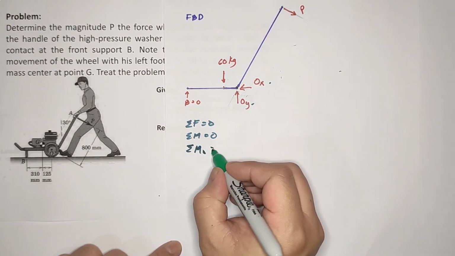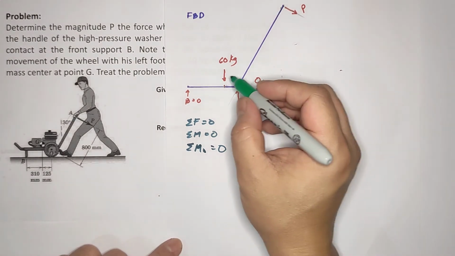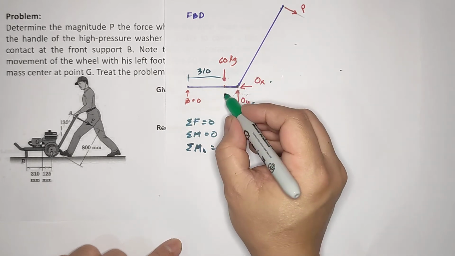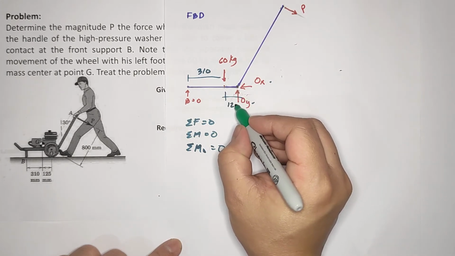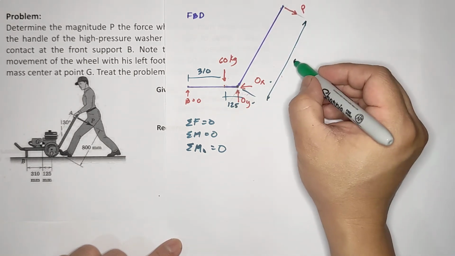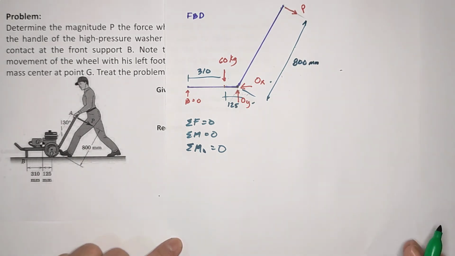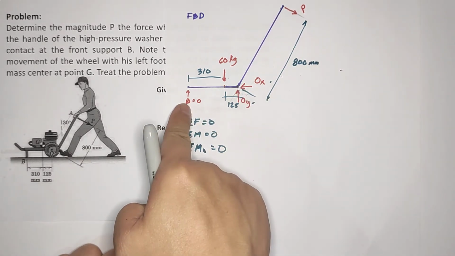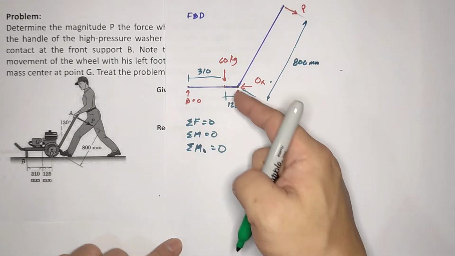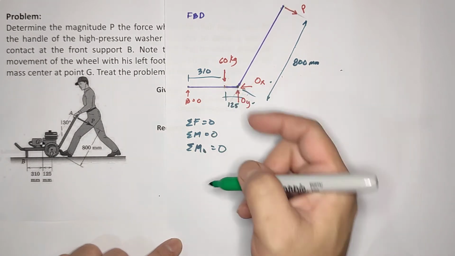So I will take moment at O. Summation of moment at O equals 0. Of course, it has dimensions here. The dimension is 310 mm, and this one is 125, and of course this one is 800 mm. Taking moment here, of course the forces at O are 0, so I don't include them because they have no moment. Here you have the 60 kg.